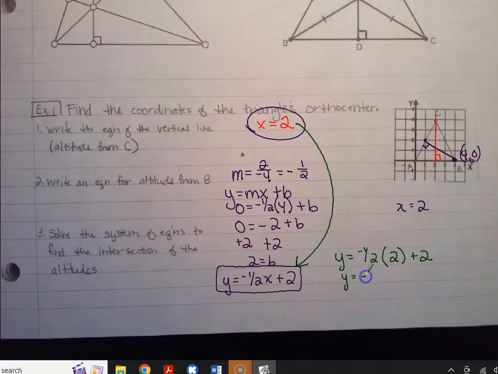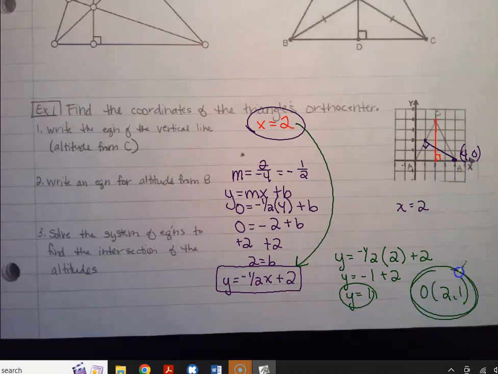It is a negative. And then half of 2? 1. Okay, and plus 2? Negative 1 plus 2 is 1. So y is 1. All right. And we know our x is 2. So it's 2, 1. The orthocenter is at 2, 1.